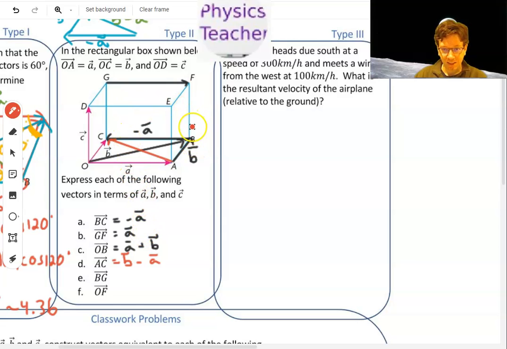Where's BG? Right here. So here's B, and G is up here. So in this case, we have C. So we can imagine C being right here.